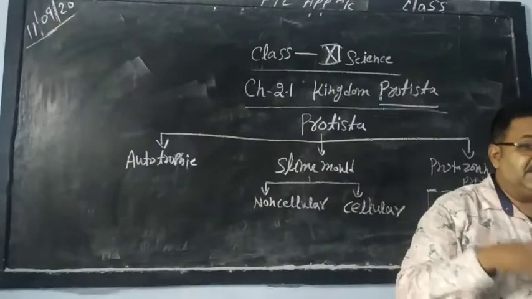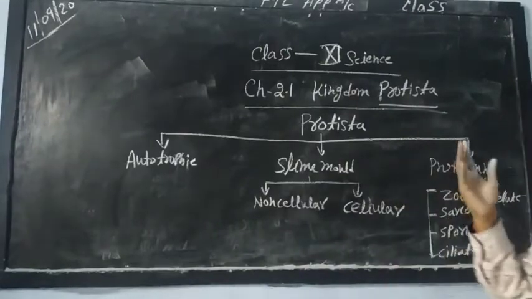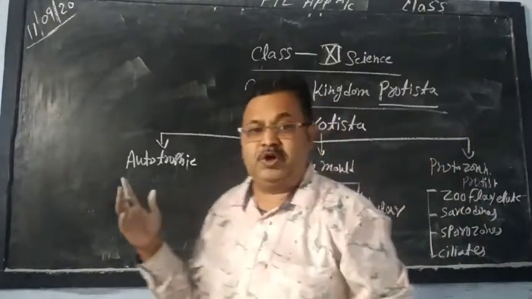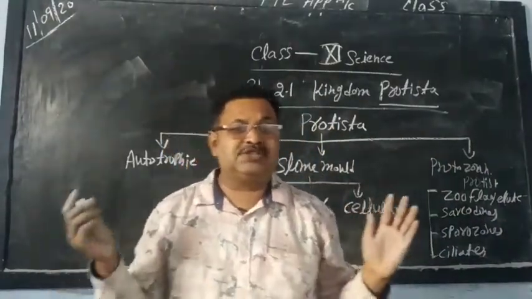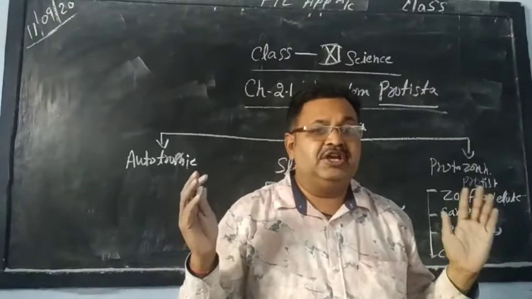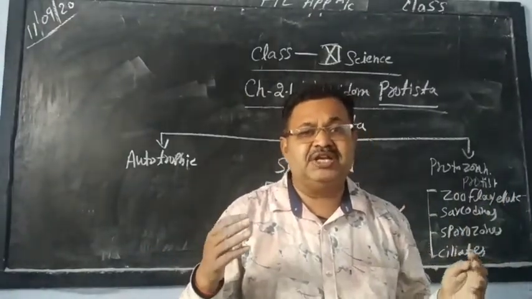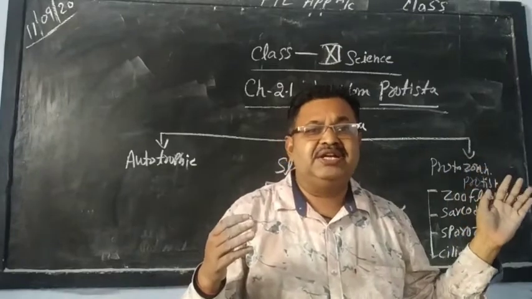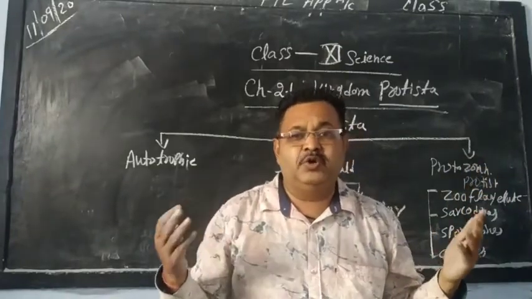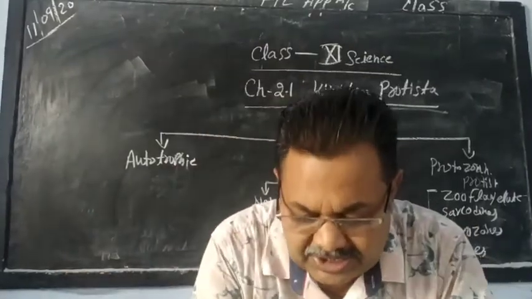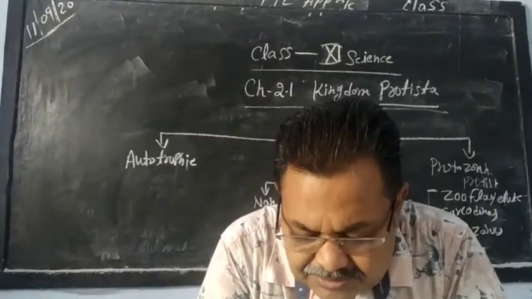Photosynthetic means it prepares its own food by the process of photosynthesis, in which they take raw material from nature, and in the presence of sunlight it prepares its own food. Such organisms are known as photosynthetic microorganisms.